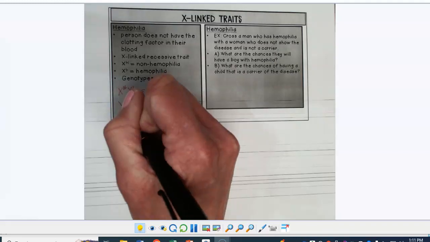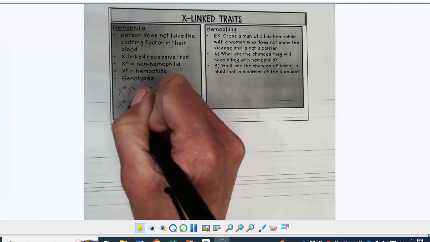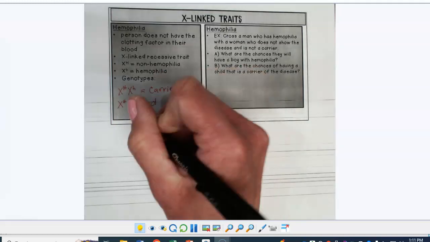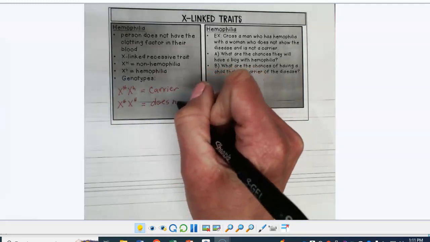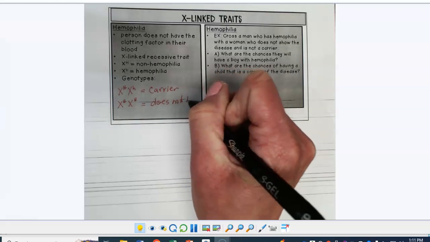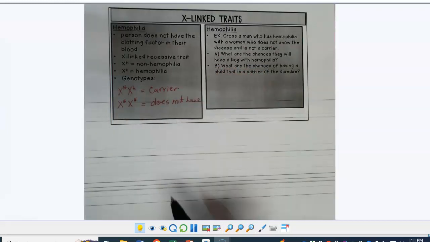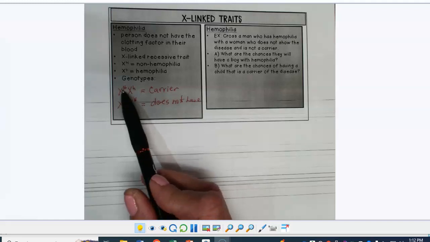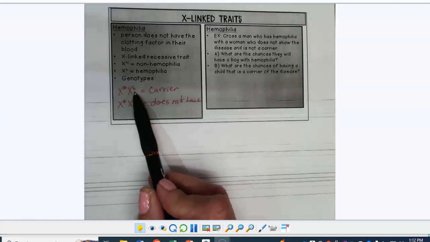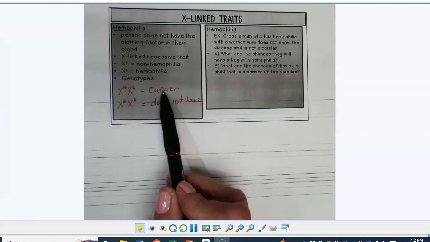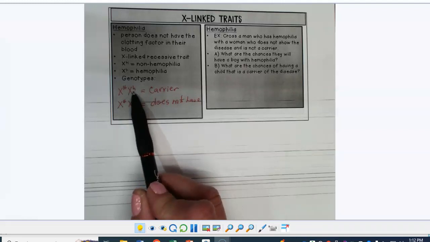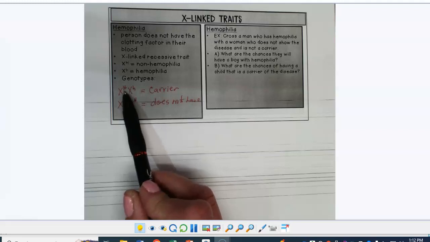You could have a female that is homozygous, and this woman does not have hemophilia. Okay, so if you have the dominant allele paired with the recessive allele, a woman could be a carrier because she could carry the gene for hemophilia, but does not have it because she has the dominant allele.